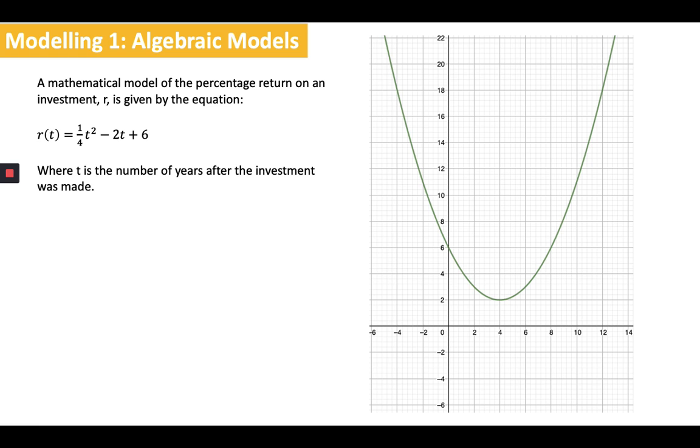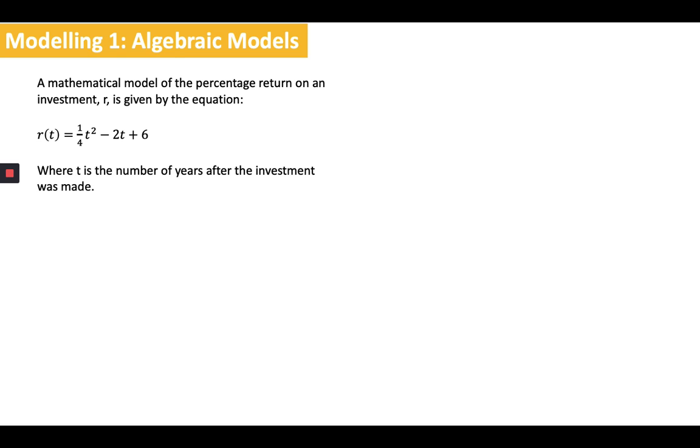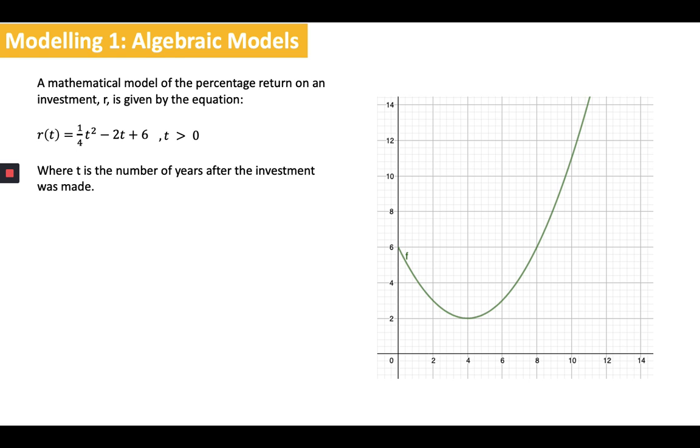The challenge for us, though, is that actually we need to put some limits on this particular model, because I've got a situation over here where I've got negative values for the time. Now, where t is a number of years after investment was made, that means I'm not going to have any negative time. So actually I need to restrict this and say that t is always greater than 0 for this particular model.